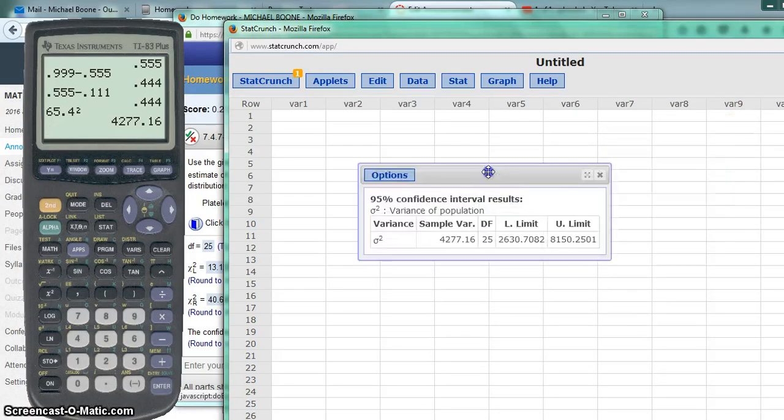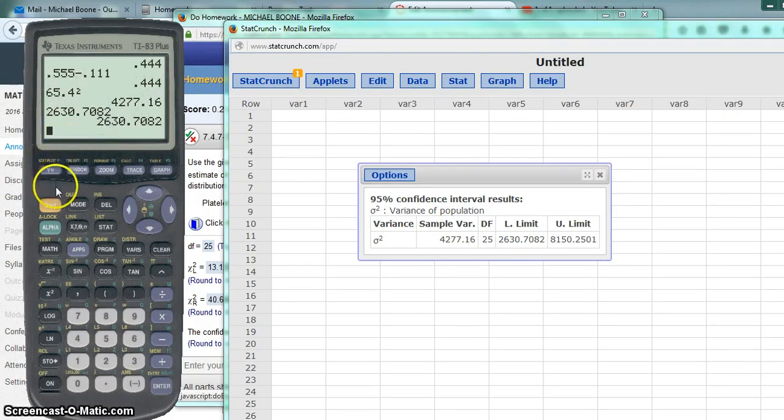Now let's notice that this is for variance. We have a lower limit of 2630.7082. So let's take the square root of that answer. I have 51.2904.